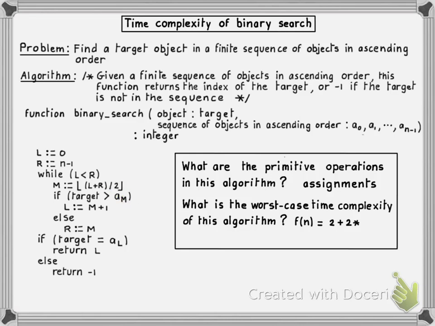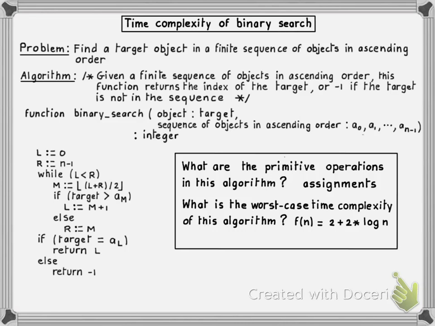That number, by definition, is the logarithm base 2 of the length of the original sequence, that is, log base 2 of n. So here is the approximate expression of f of n.